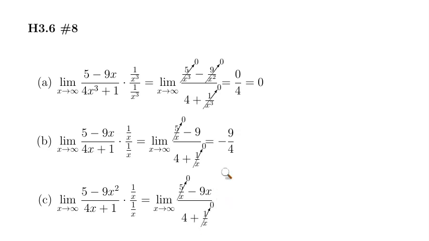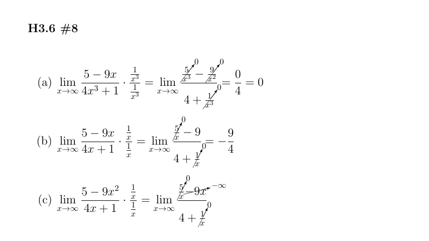All right, then what happens is x is going to infinity, right? So you have a negative 9 times infinity. So negative 9x is actually going to negative infinity, right? So I'm going to just do that. So this guy actually looks kind of weird.